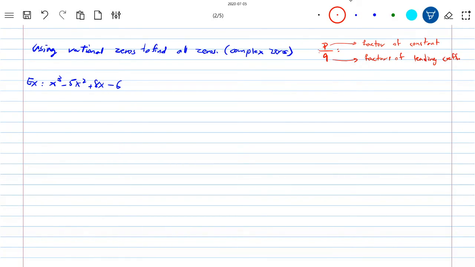What was the P over Q? P over Q was the possible zeros of the polynomial.